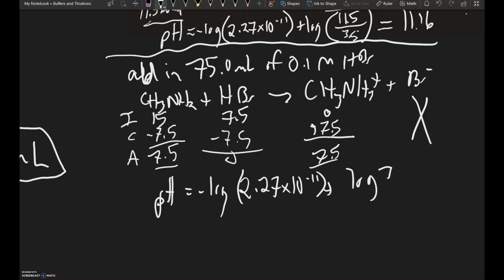And what we're going to notice is this ratio is now equal to 1, and the log of 1 is 0. So this term cancels out. So the pH here is dependent on the value of the Ka for this acid, which is 10.64.